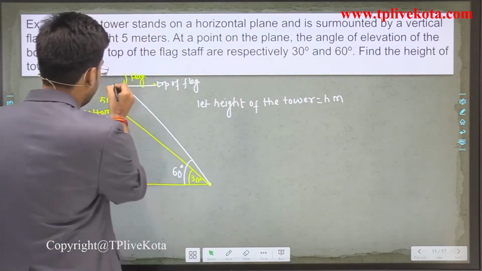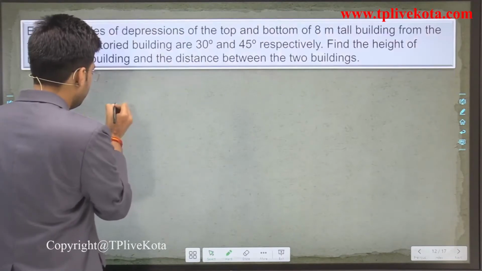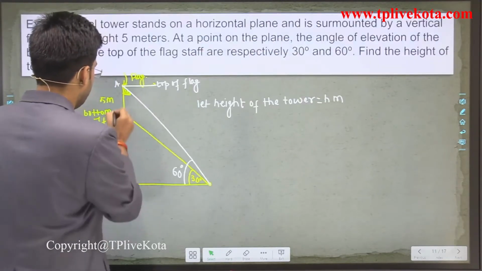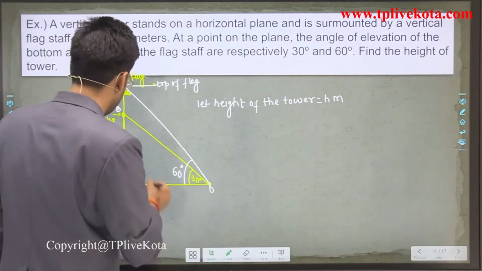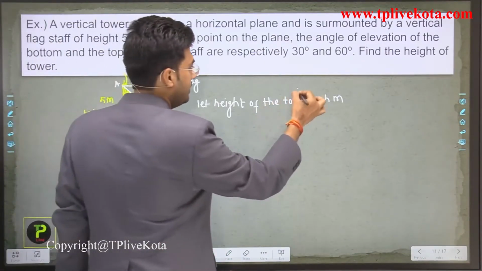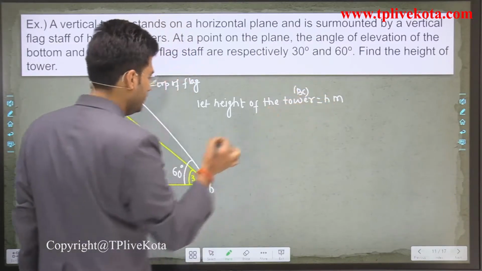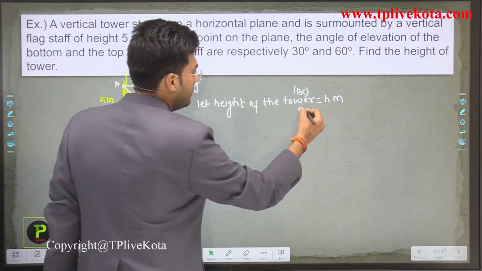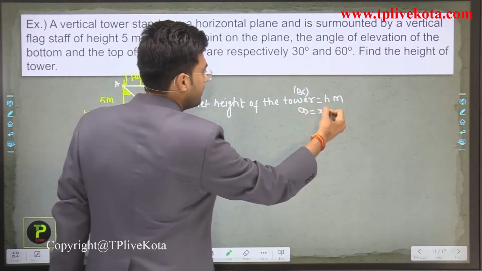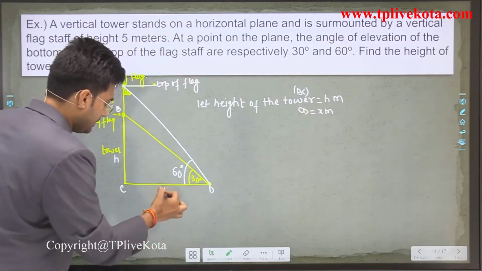So let this point be A, this is B, C and D. Here BC is h. Let CD be x meter.